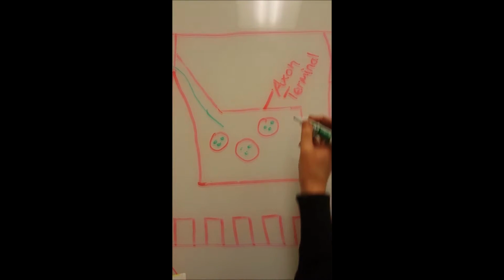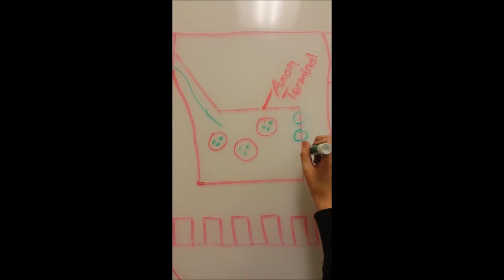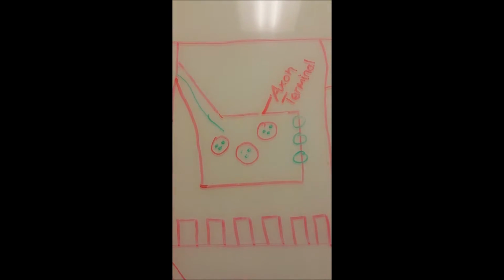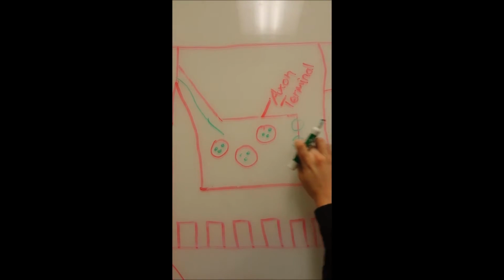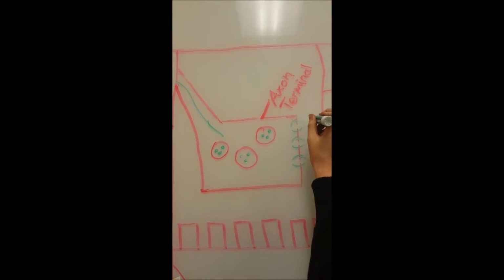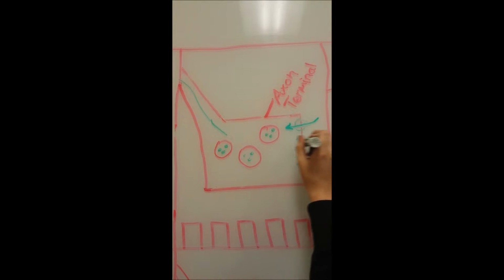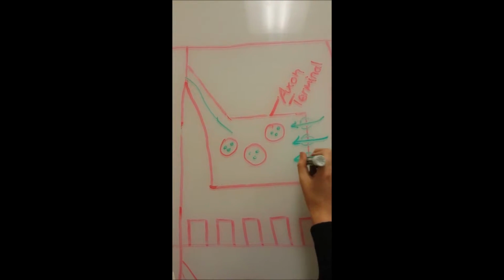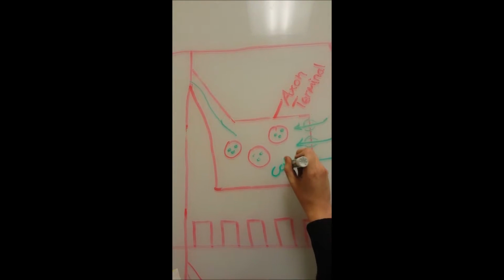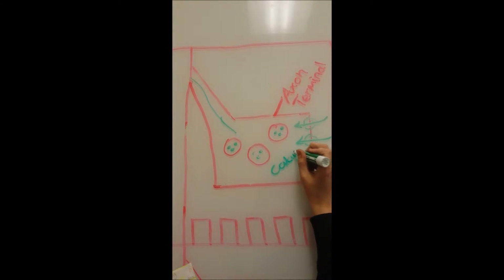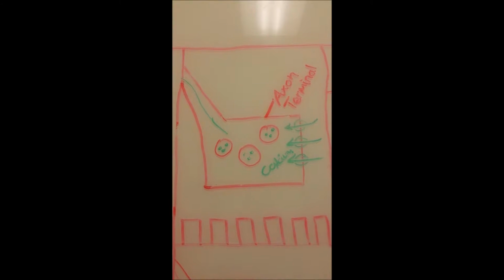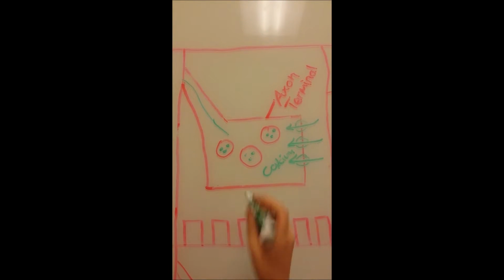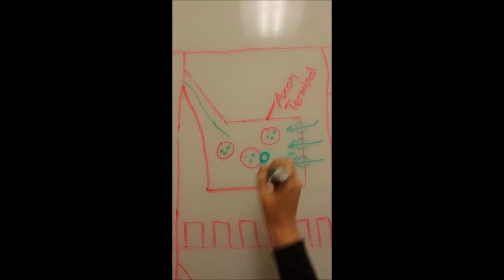Okay, so voltage-gated ion channels, these things right here, are going to open, allowing calcium from the outside to get in through here. And that is going to bind with the vesicles right here.